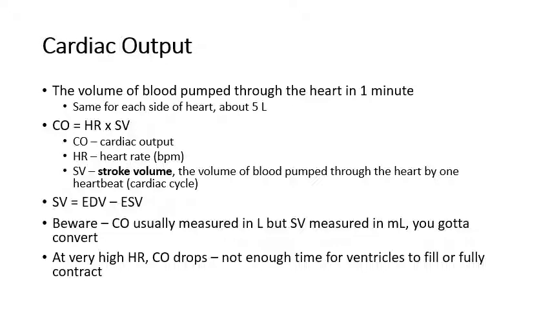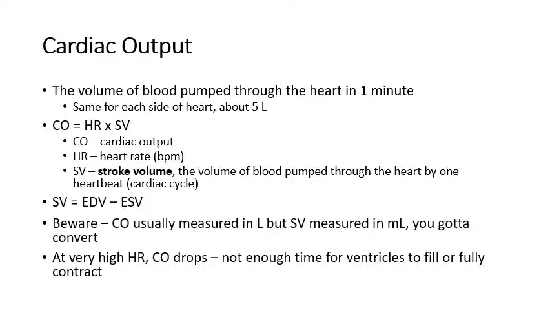You have a formula to calculate cardiac output, which is abbreviated as CO. The formula is cardiac output equals heart rate times stroke volume. So the heart rate, or HR, is how many times the heart beats every minute, or how many cardiac cycles the heart completes in every minute. The stroke volume, abbreviated SV, is the volume of blood that is pumped through the heart in each heartbeat or during each cardiac cycle.